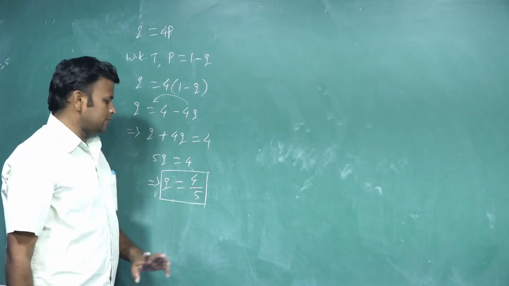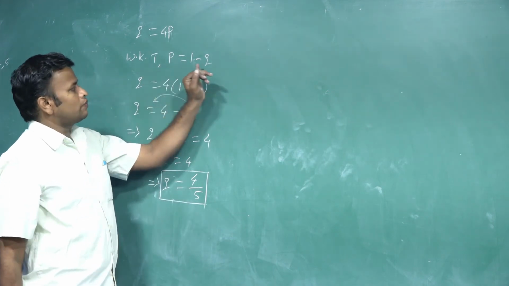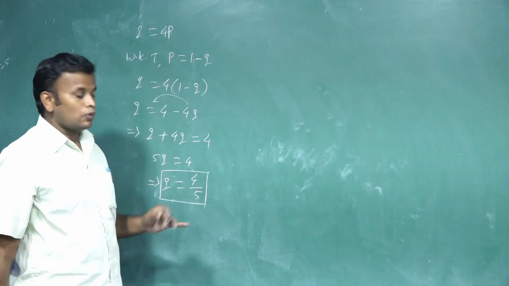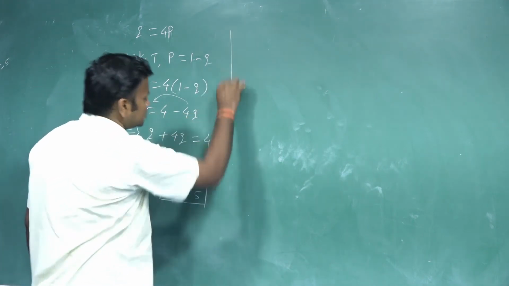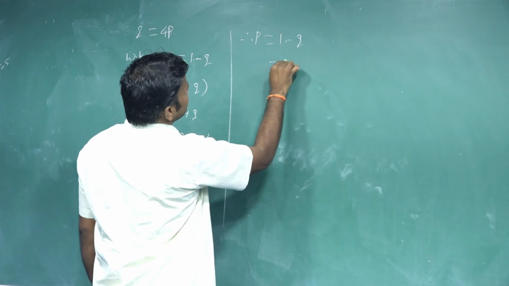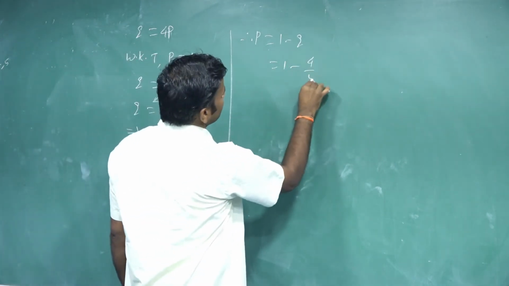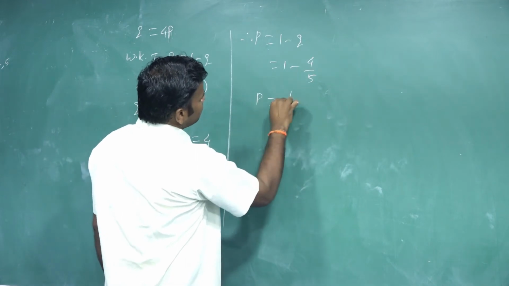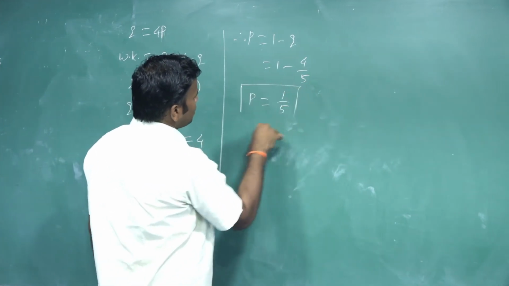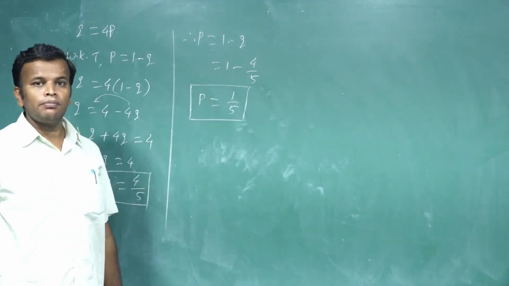So the Q value is found. When Q is found, we already wrote the value of P. The value of P is 1 minus Q, so substitute here. Therefore, P is equal to 1 minus Q, 1 minus the value of Q, 4 by 5. Cross multiply: 5 minus 4 is 1, so the value of P is 1 by 5.